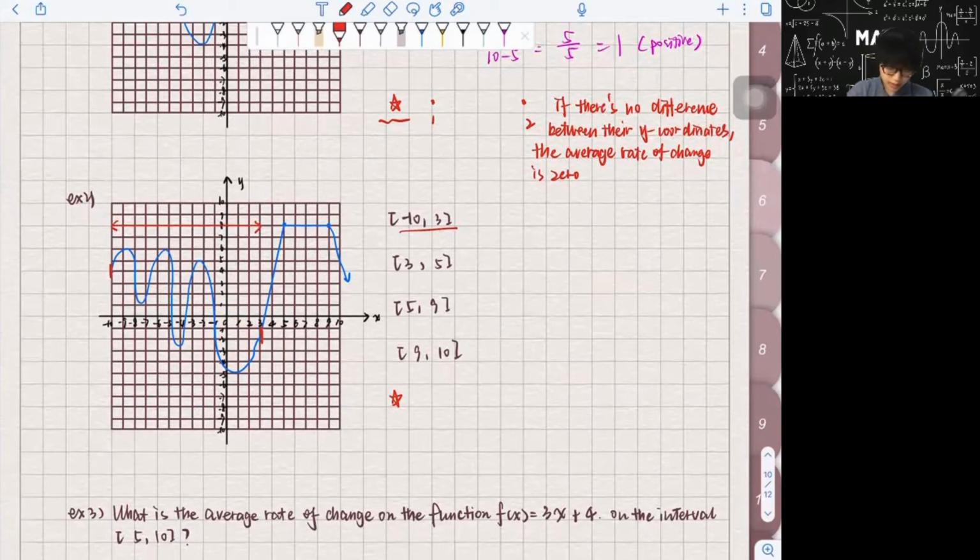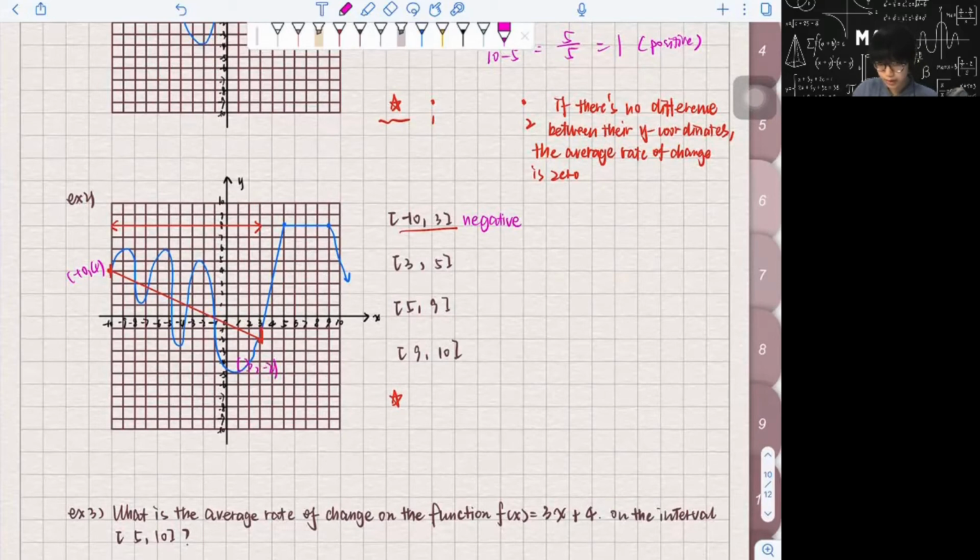We just need to connect this point and this point. So the average rate of change is negative here, and it is because here's -10, 4, and here is 3, -2.